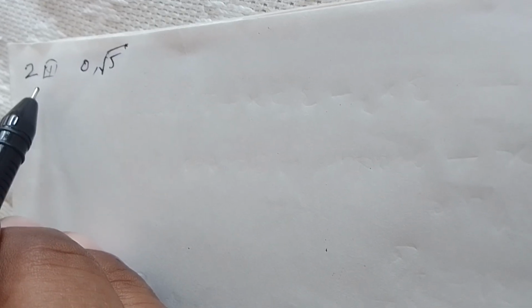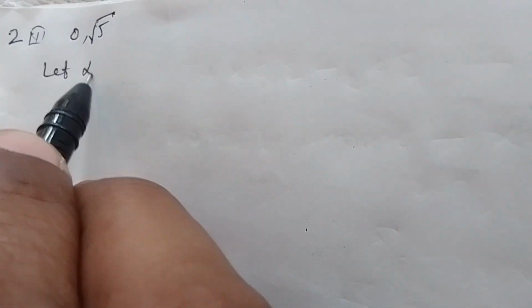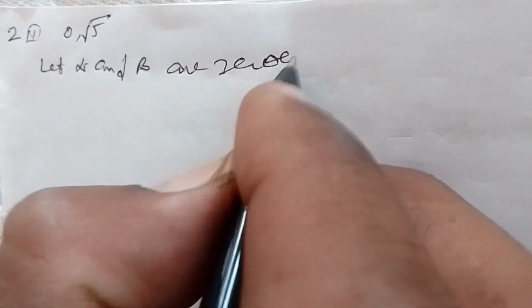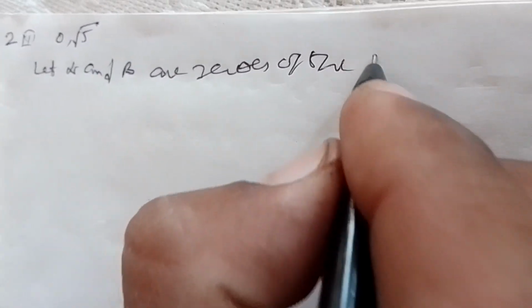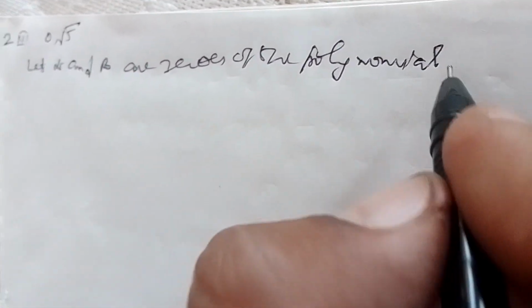The third part of the question is, we have given the sum equal to 0 and the product equal to under root 5. So let alpha and beta be the zeros of the polynomial equation.